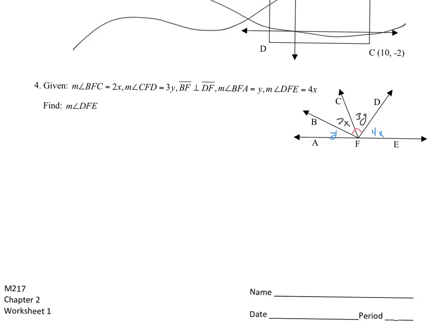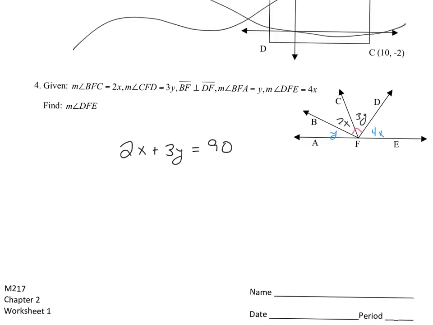Now in order to find the measure of DFE, we need to, of course, solve for x and y. So perpendicular means we got a right angle. So one thing I can do is say that 2x plus 3y is equal to 90. Now another thing that you can assume from a diagram is a straight angle. So AFE is a straight angle. So there's a couple different ways we can go about this. Knowing that AFE is 180 degrees, if you take away that right angle, the rest of it is going to be 90 degrees too.